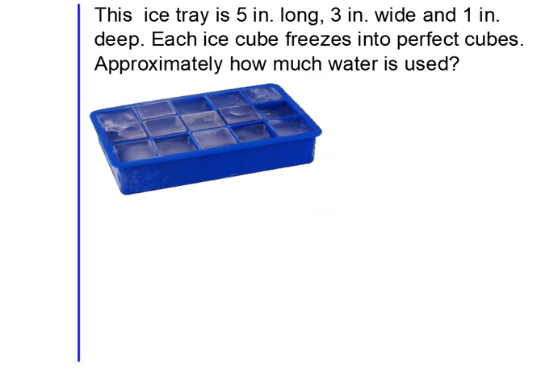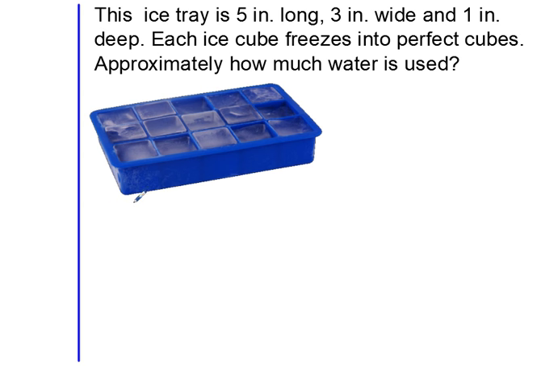If I have an ice tray that is 5 inches long, 3 inches wide, and 1 inch deep, and each ice cube freezes into perfect cubes, approximately how much water is used? Well, we could approach this problem from 2 different ways.